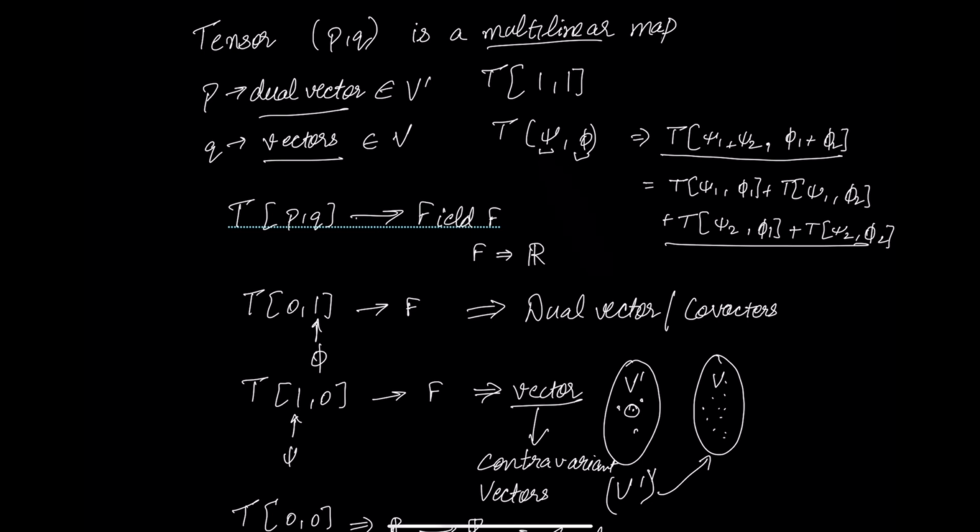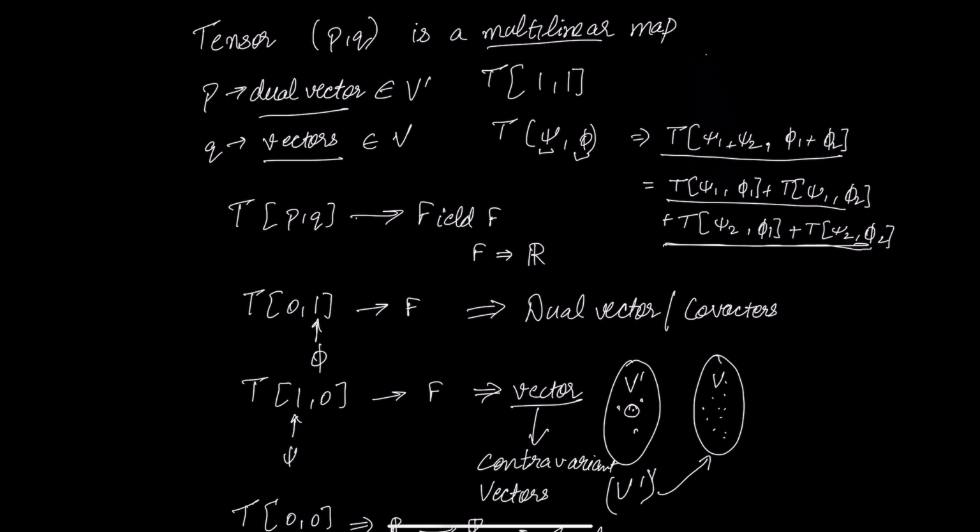Let's say it has two arguments, psi and phi. I can write psi as psi1 plus psi2, and phi as phi1 plus phi2. So I can write T of psi, phi in this form, and I can expand it in this form. This is the multilinearity property.